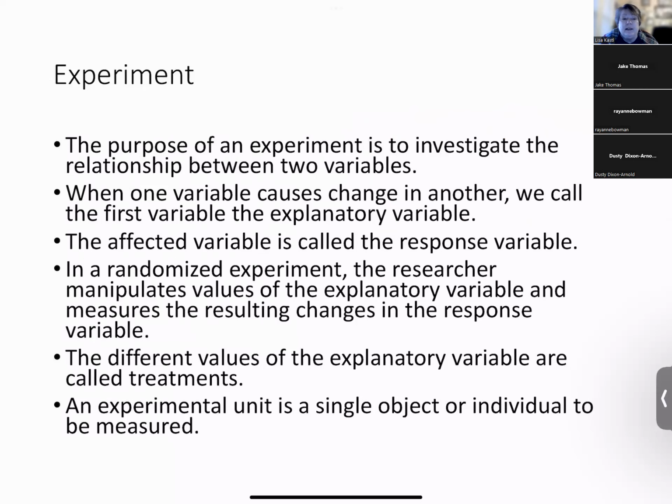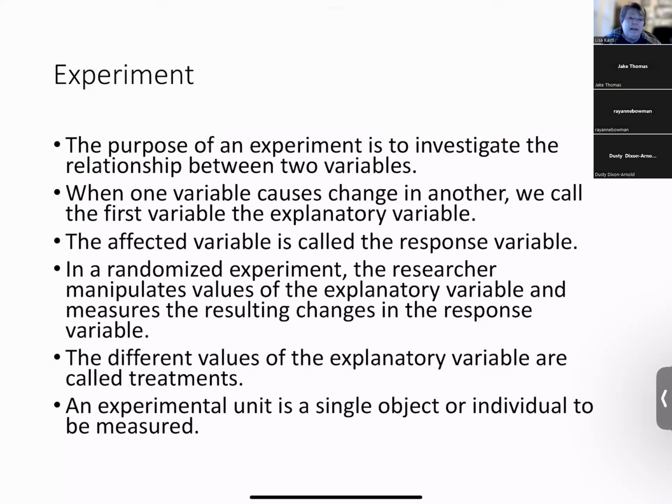So the purpose of an experiment is to investigate the relationship between 2 variables. When one variable causes a change in another, we call the first variable the explanatory variable. So it's the one that we adjust the values of. And then we look at what the effect is on the other variable, and it's called the response. And that should make sense, that it's the response variable, because it's responding to what you did with the explanatory variable.